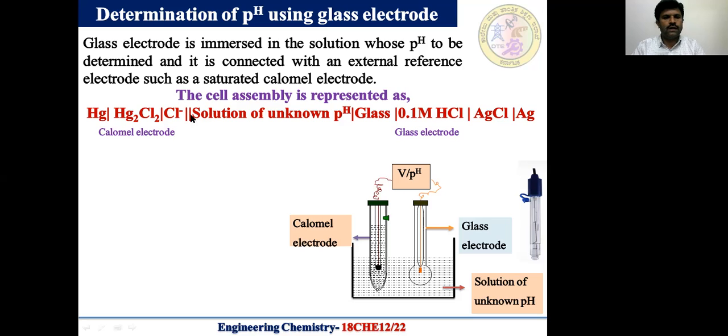So the representation of this cell is Hg bar Hg2Cl2 bar Cl minus, salt bridge symbol, solution of unknown pH bar glass membrane bar 0.1 molar HCl bar AgCl bar Ag.